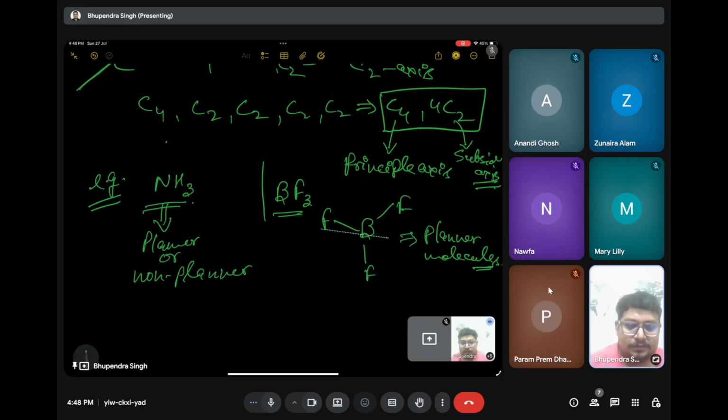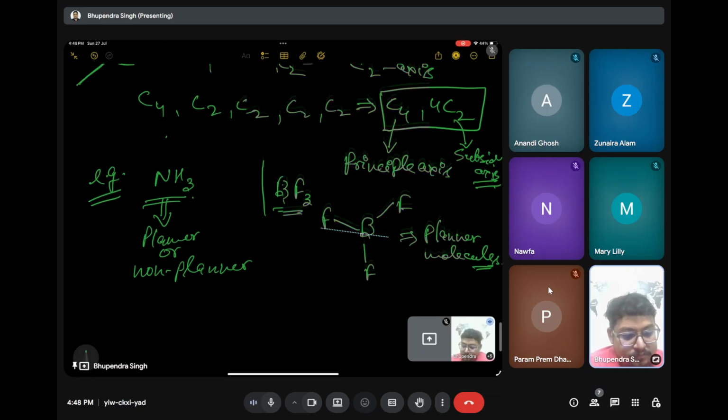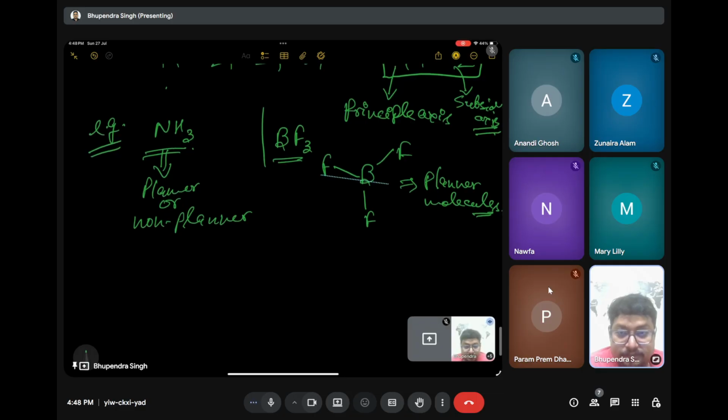Before studying symmetry and group theory, you must have a good amount of knowledge about molecules, their structure, the periodic table, and their orbital diagrams.